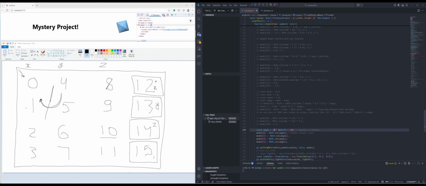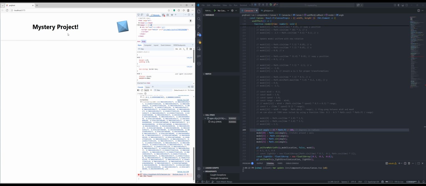Let's increase the angle. Let's do 35. Oh, not 35, 335. Well, we can do 335, but we need to point this here. Okay, I didn't get it, did it move?